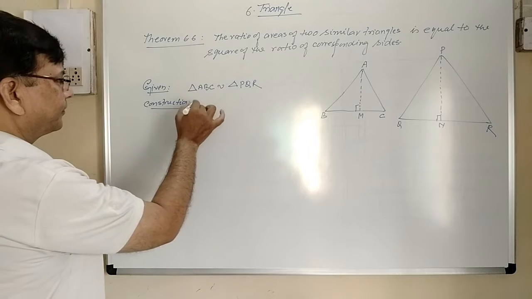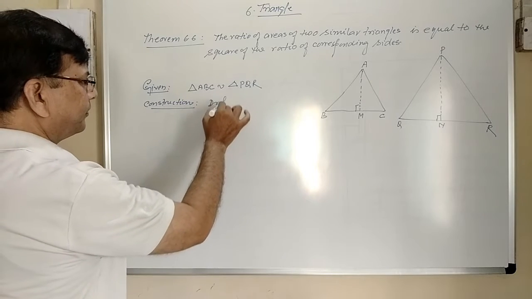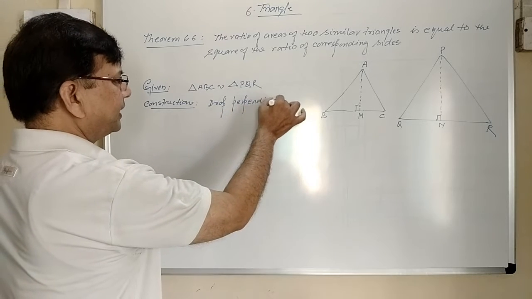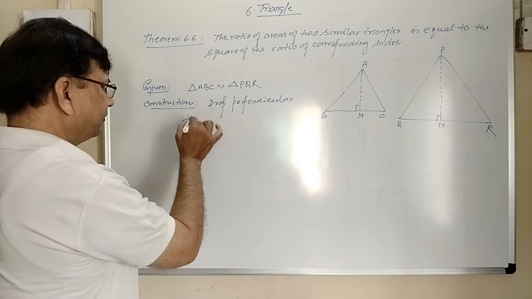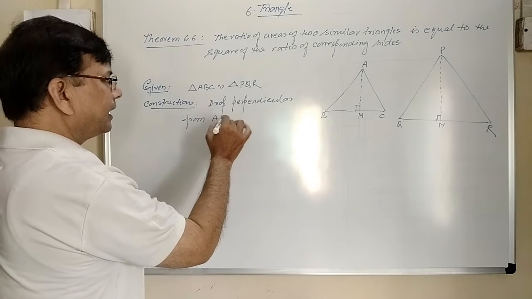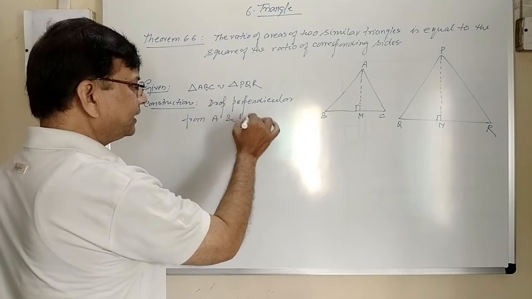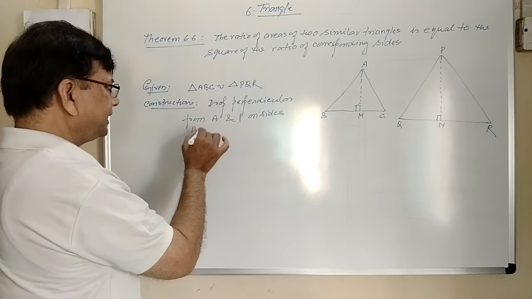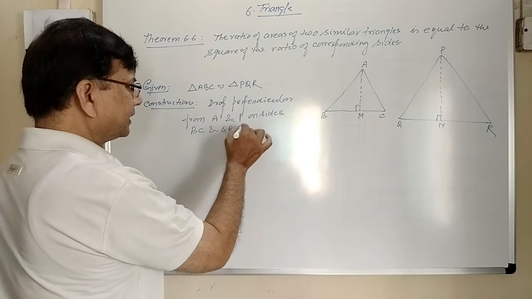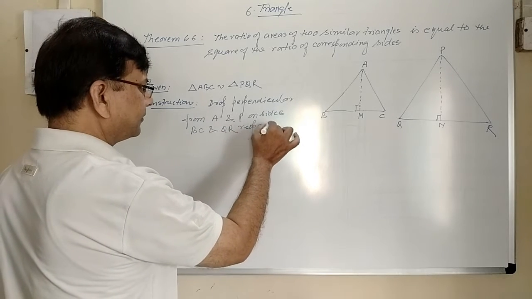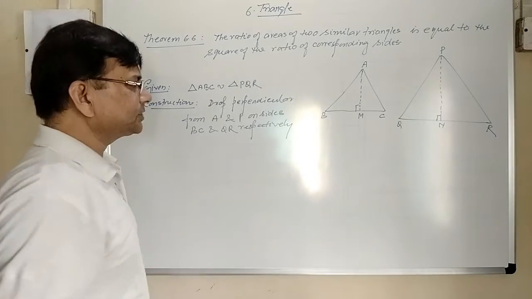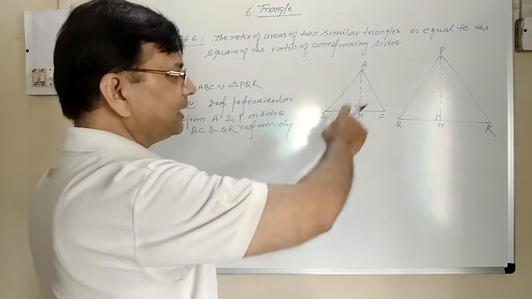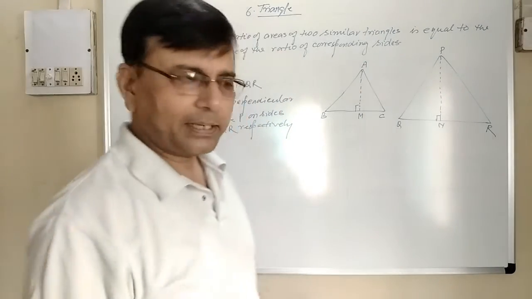Construction: draw perpendicular from A and P on sides BC and QR respectively. In this triangle, from A on BC, that is AM, and from P on QR, that is PN.